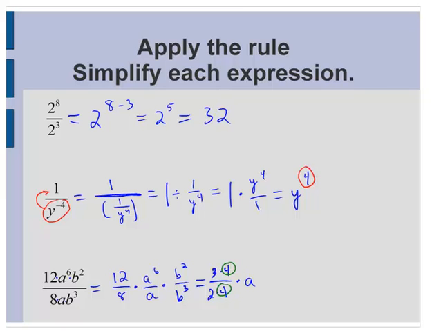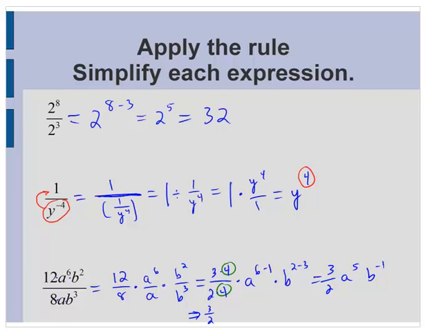Times a to the 6 minus 1, using the quotient rule, and b to the 2 minus 3, again using the quotient rule. So I'd have 3 halves times a to the fifth times b to the negative first. And so that would give me 3 halves.